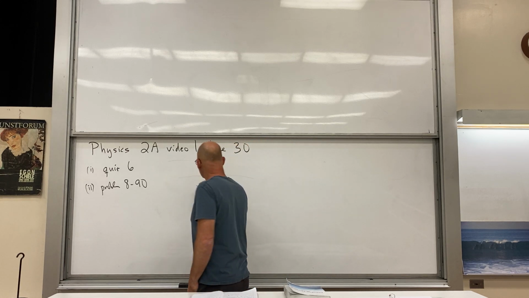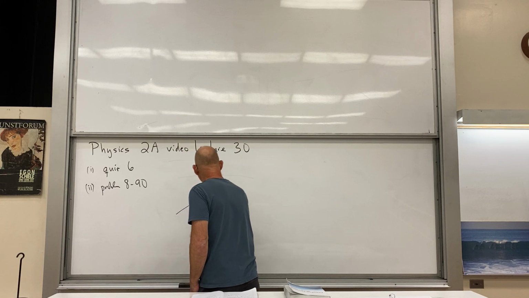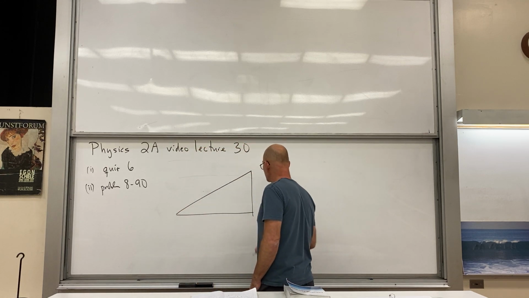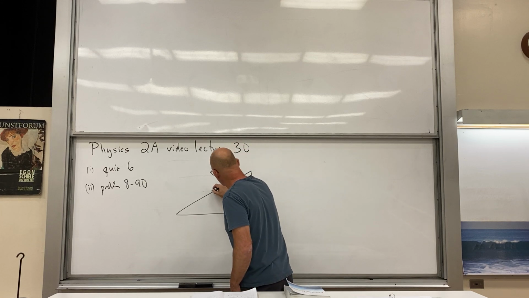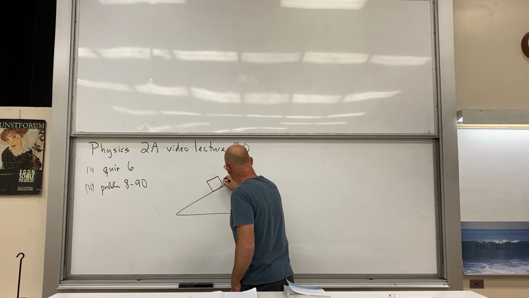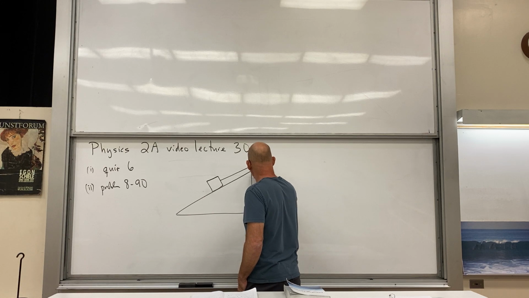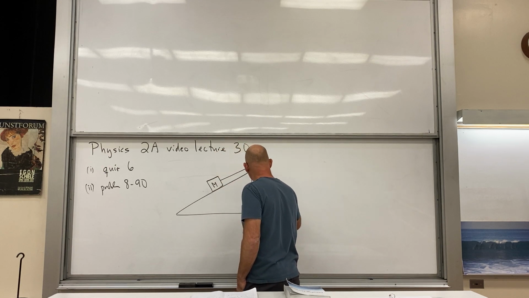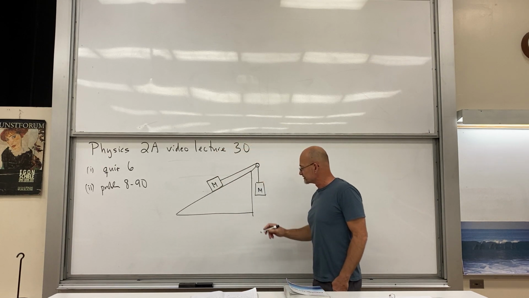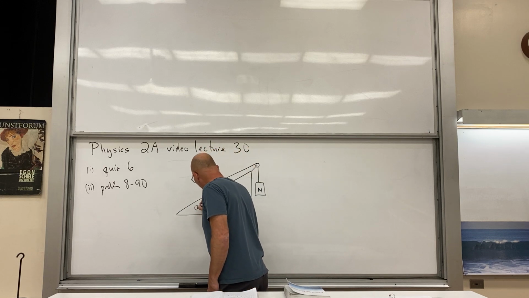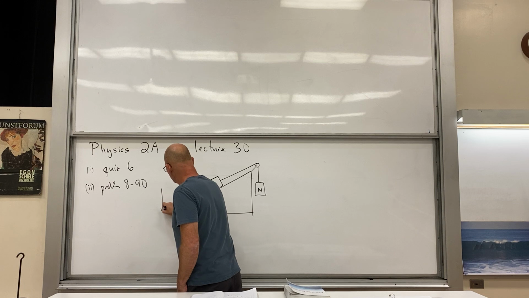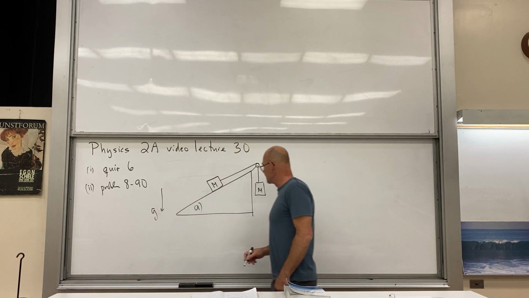So for the quiz, we had on an incline a mass, no friction situation. We had equal masses here, M and M, and an angle A. I used angle A, and of course, down is in this direction here.